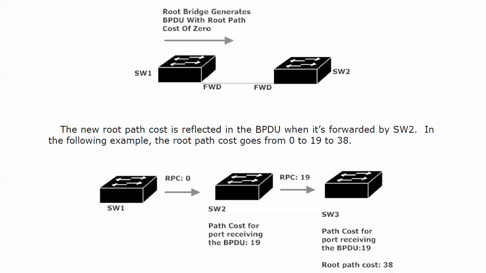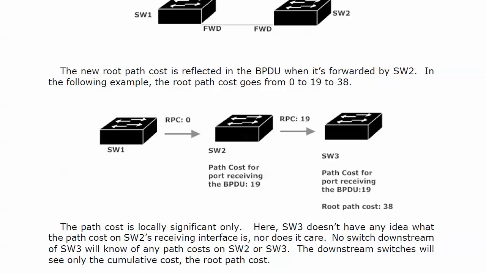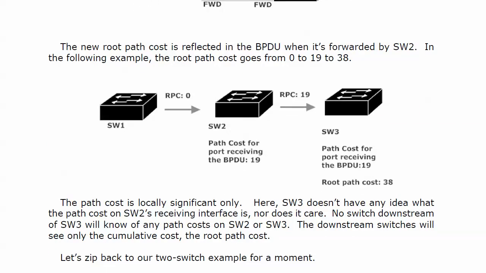Now this path cost on the ports is locally significant only. Switch 3 doesn't have any idea what the path cost on switch 2's receiving interface is, nor does it care. No switch downstream of switch 3 is going to know any of the individual path costs on switch 2 or 3. The downstream switches will only see that cumulative cost, the root path cost, that is carried by the BPDU.